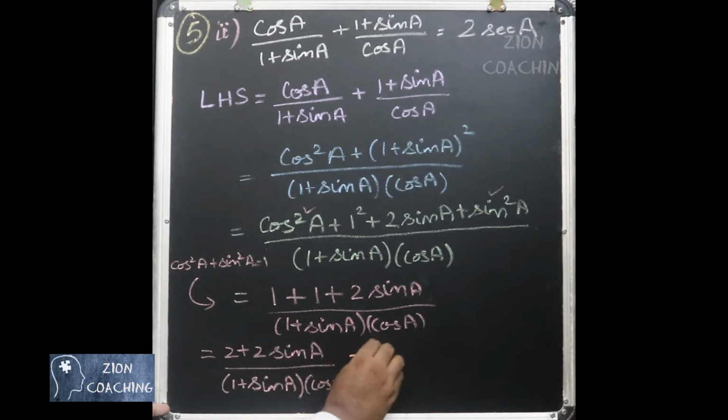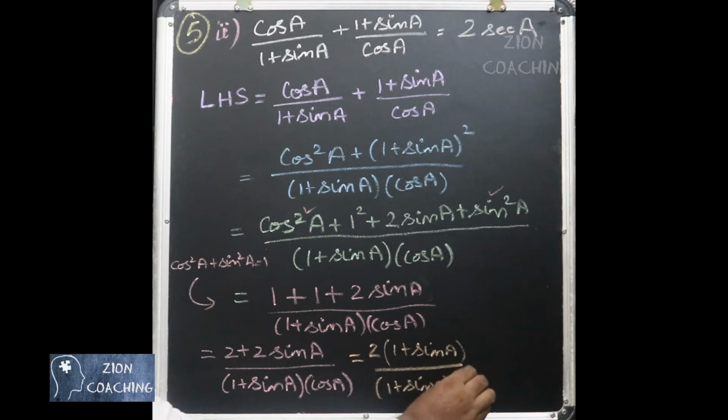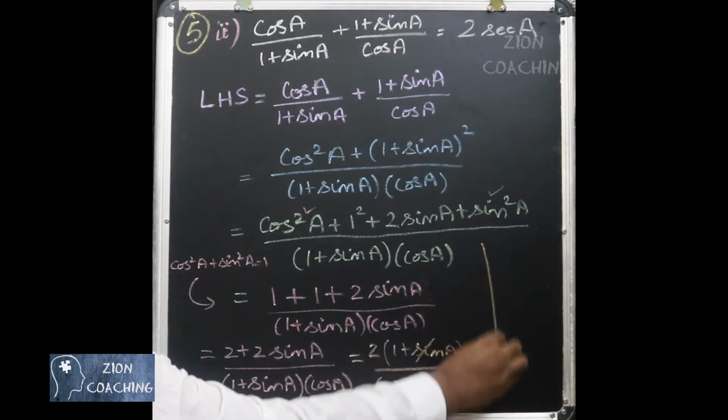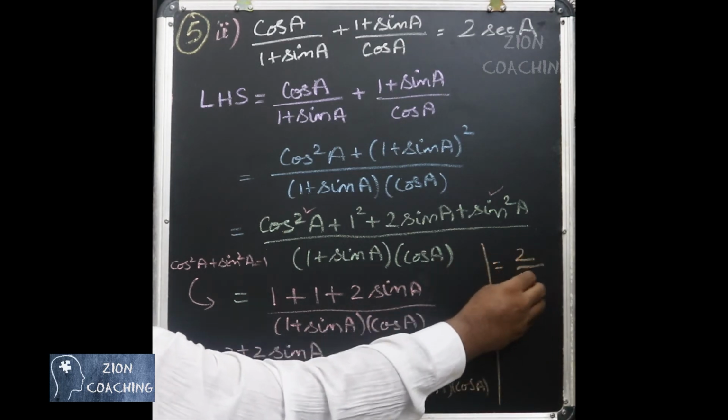That will give you 2 into (1 plus sin A) divided by (1 plus sin A) into cos A. Now you can see that the numerator and denominator both have 1 plus sin A, which can be cancelled. So finally you have 2 in the numerator and cos A in the denominator.